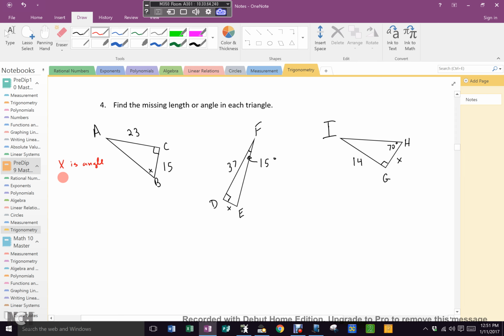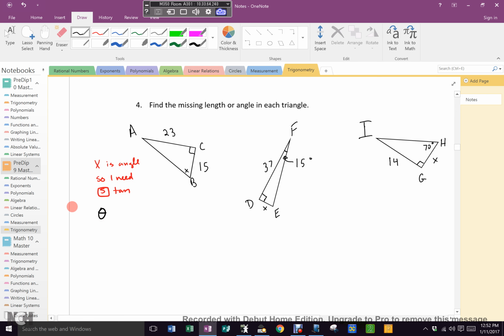So x is an angle, so I need shift tan. And here's what I do to do trig. I write out the following 3 things. I make a circle with a line through it. That's a Greek letter. That Greek letter is theta. It means an unknown angle, or an angle you're going to work with.